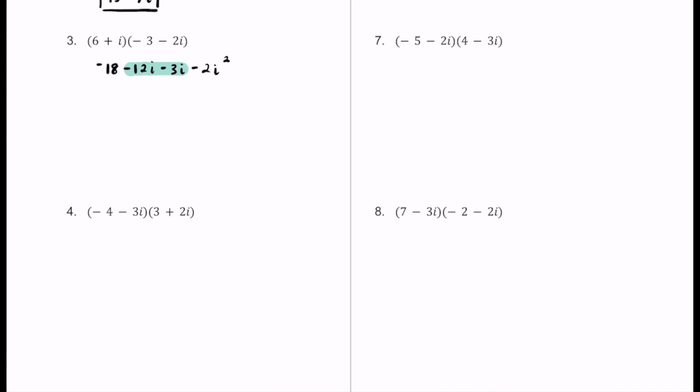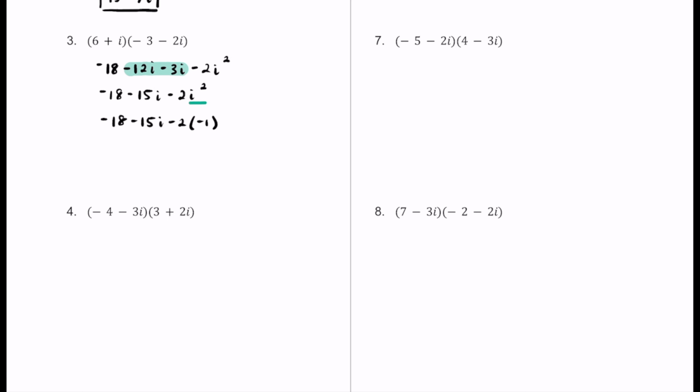Okay, now we have these two middle terms that both have i. We can combine those. So we have -18 and then -12i, take away 3i should be -15i. And then we still have this minus 2i squared that we haven't done anything with, right? Now if we have this i squared, that's -1. So really this is -18 minus 15i. And then we have -2 multiplied by -1. So what is -2 times -1?